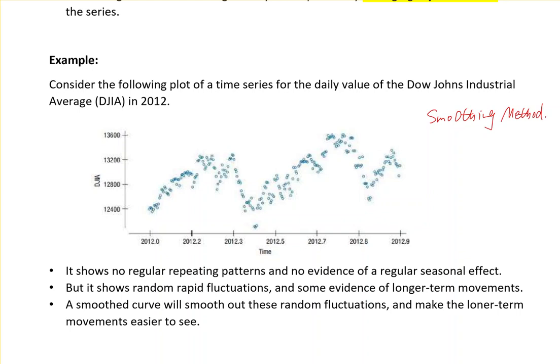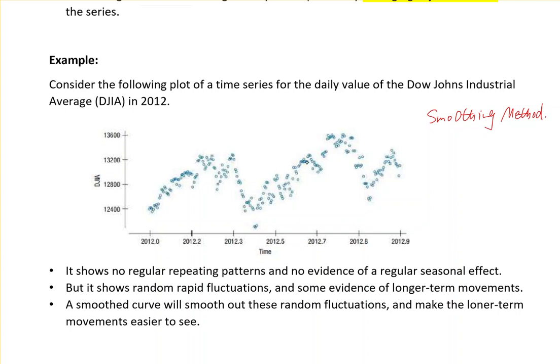Here you will see that these points don't follow any specific pattern. It has many random fluctuations. They keep jumping like that. If you connect them with lines, you will see a lot of jumping around the overall trend.